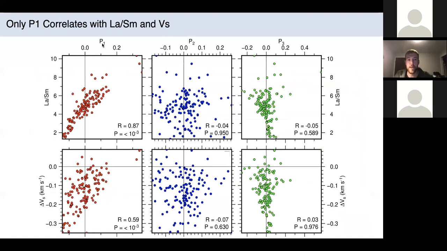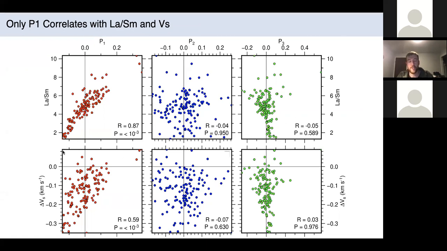We can see that by comparing each principal component to lanthanum over samarium and shear wave velocity. Here we have principal components 1, 2, and 3. You can see there's a very strong correlation between lanthanum over samarium and principal component 1, and a good correlation between shear wave velocity and principal component 1, and a very poor correlation between these two variables and principal component 2 and principal component 3.